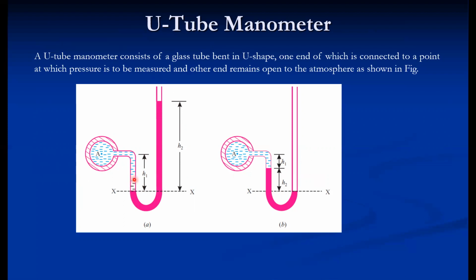So obviously, as the level of the right limb increases, that means the pressure of the pipe is greater than the atmosphere. As the level of the left limb increases, that means the pressure of the atmosphere is greater than the pipe pressure.